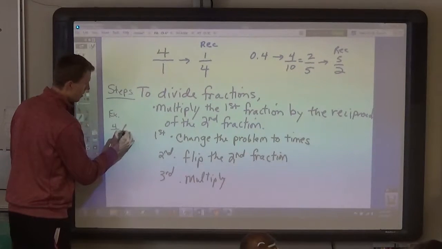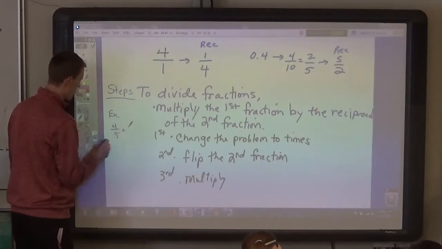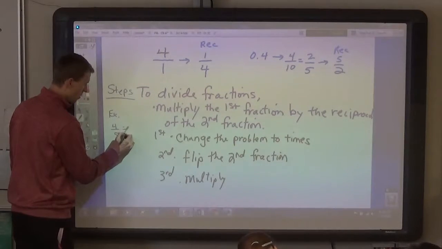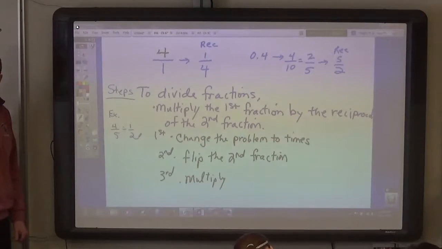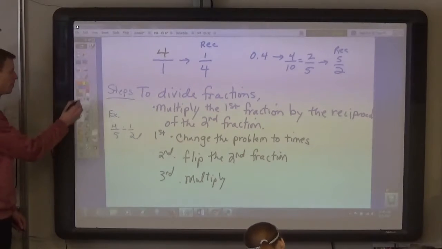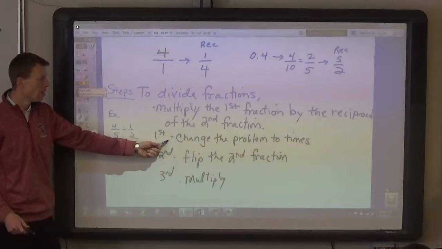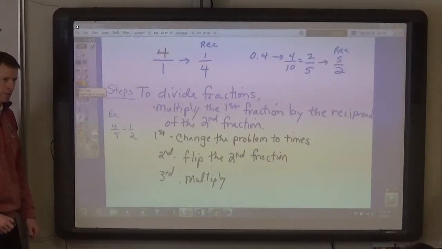4/5 divided by 1/2. Okay? Here's how you're going to do this. First, change the problem to times.